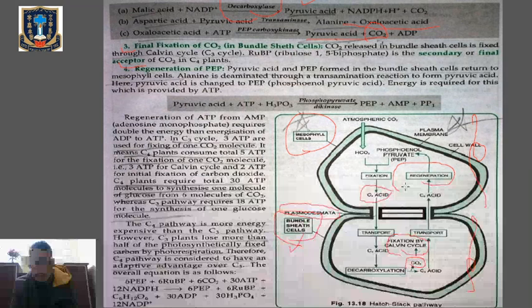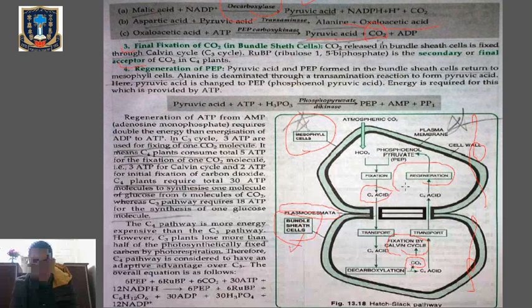Now C4 plants require a total of 30 ATP molecules to synthesize one molecule of glucose, whereas in the C3 pathway 18 ATP were required for the synthesis of one molecule of glucose. But here in the C4 pathway 30 ATP molecules are being utilized for the formation of one molecule of glucose. So the C4 pathway is more energy expensive compared to the C3 pathway.